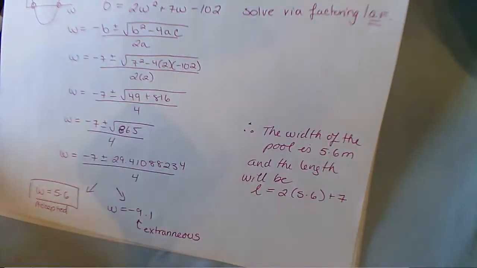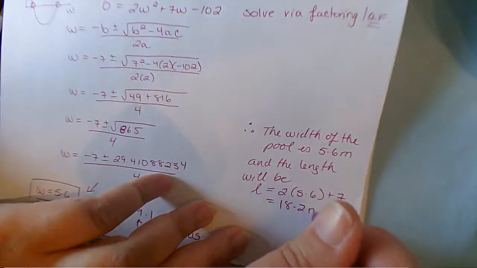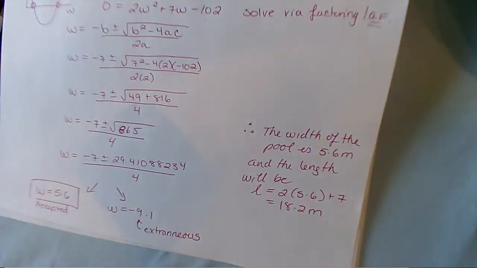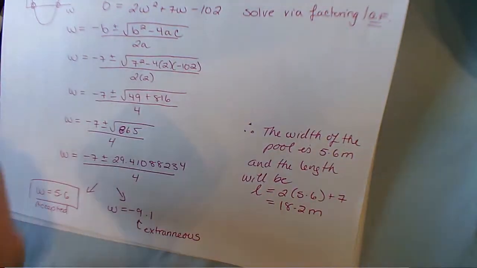So add 2 W's together, and then add 7. So 18.2. So there's our length and our width, and 1 decimal place is fine in your final answer, unless you're told otherwise. Okay, so that's why we couldn't accept this other answer, because it didn't make sense.